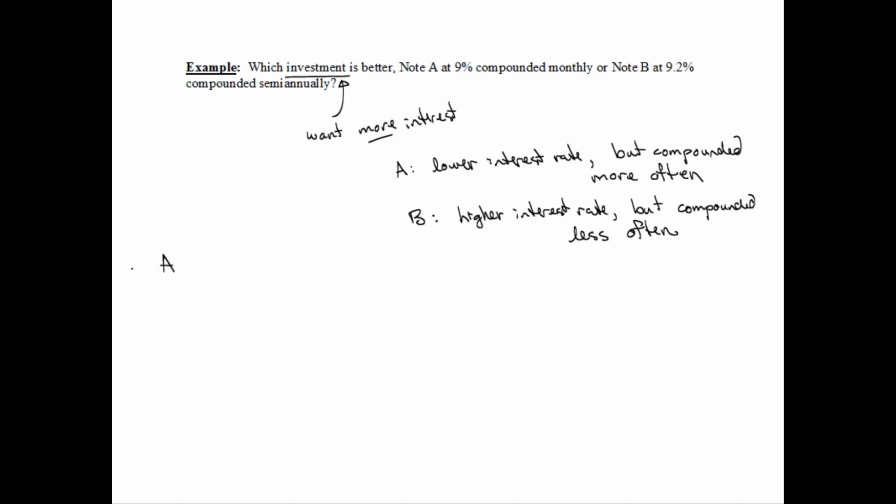So for note A, my R is 0.09 and my M is 12 because it's compounded monthly. And so then my R sub E for A is 1 plus R over M to the M, subtract 1.